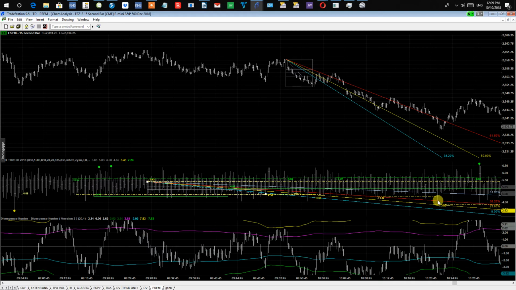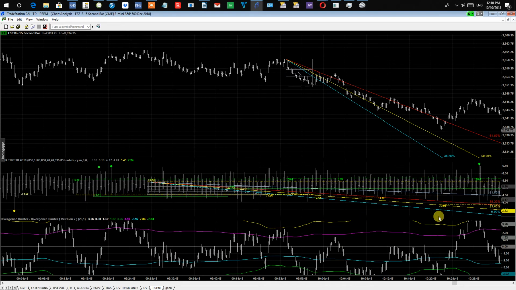Now, the important thing about the way in which we interpret this data is to understand that the pivot is what is coming as a result of divergence. So this isn't necessarily a trade signal. There needs to be divergence.